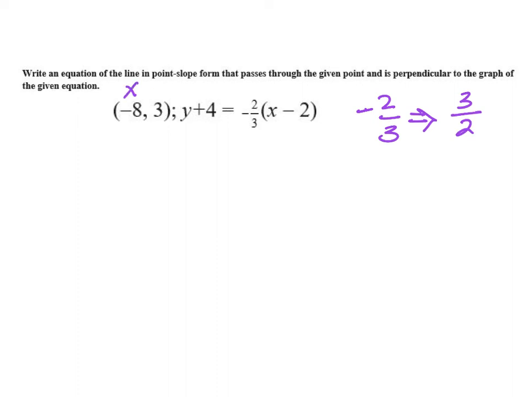Again, I have x, I have y, so I can use those values to get me where I need to be. So we have y minus 3 equals 3 halves, or 3 over 2, times x plus 8.